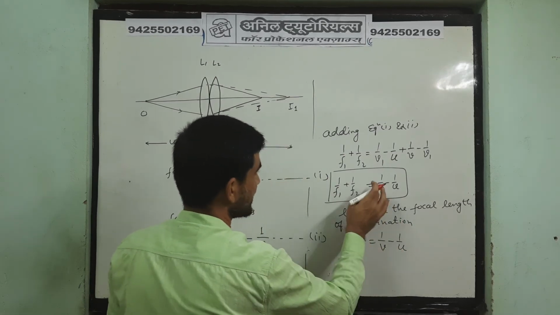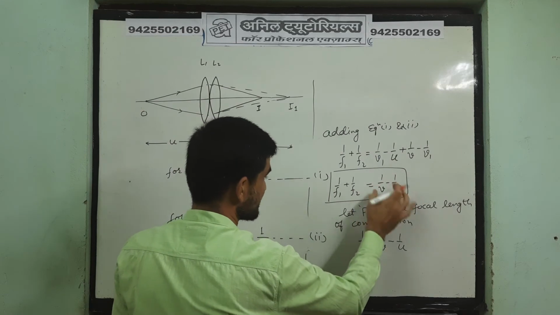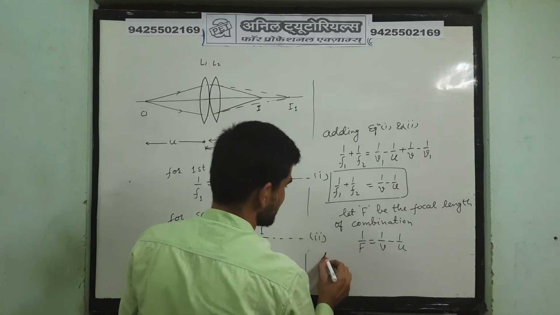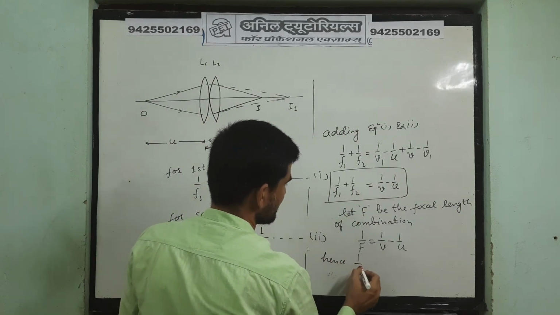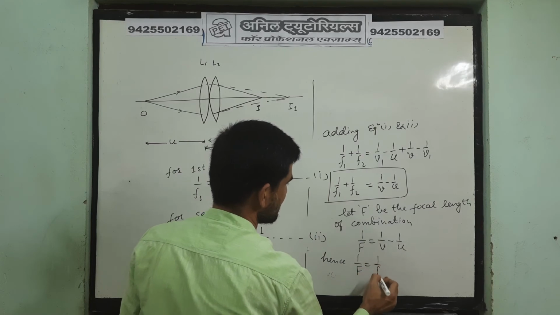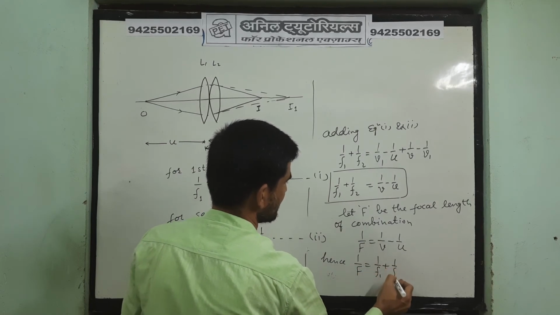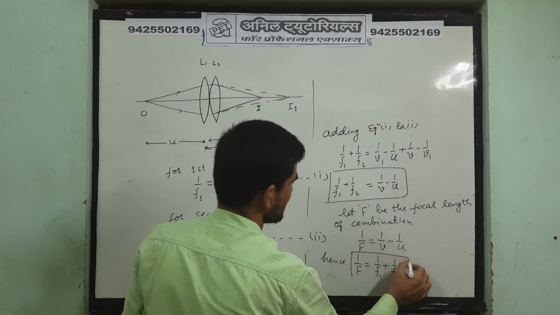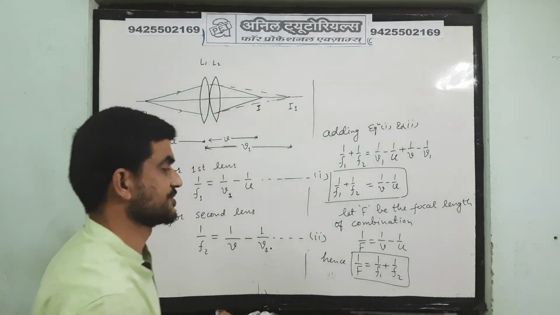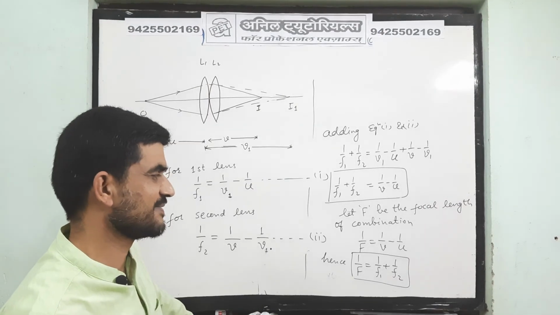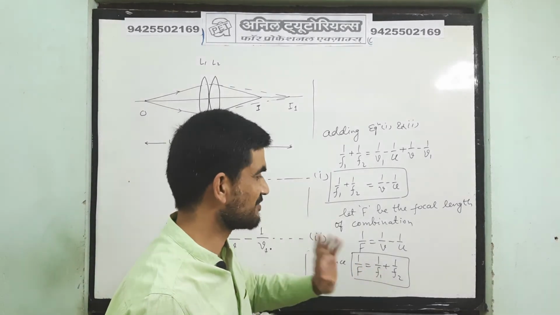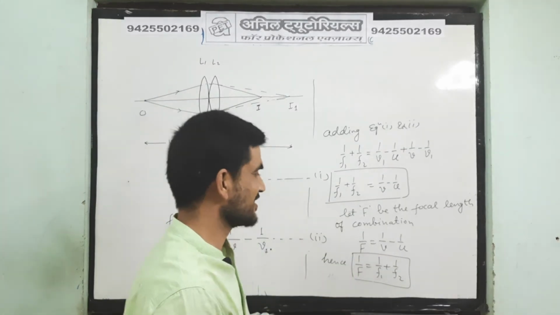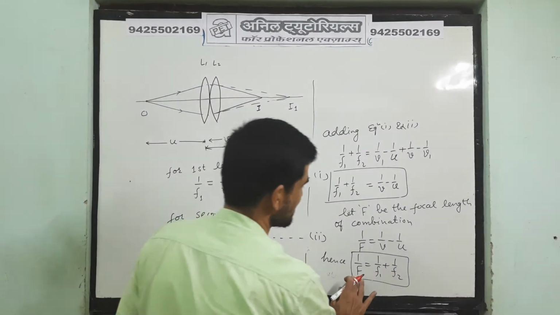Hence, 1 by F is nothing but the sum of the reciprocals of the focal lengths. Clear? 1 upon F is equal to 1 upon f1 plus 1 upon f2. So this is the formula for the combination of lenses.